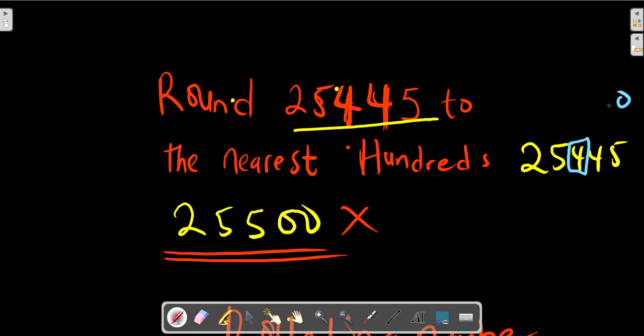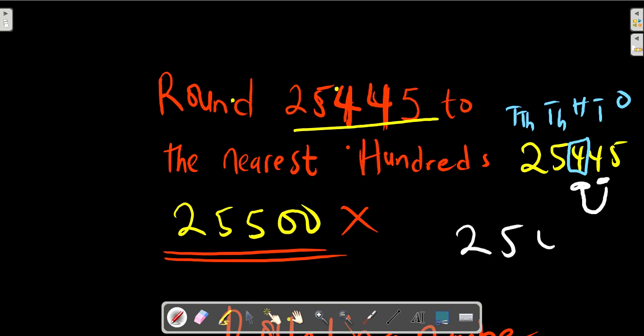So this is ones, tens, hundreds, thousands, and ten thousands. The number to the right of that is the digit 4 again. Since this number is on the side of the scale that says round down, we will round down and add 0 to 4. It stays as 4, then we keep the 0. This is the right way for it.